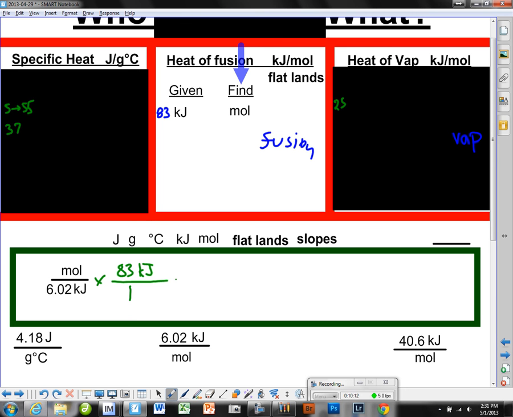What's our number? 13.9. Can we have 13.9? Yes. How many sig figs in 83? 2. So how many sig figs should this have? 2. So what's it going to round to? 14. Yeah, right on. So this will be 14, and what's the unit of measure after we take these away? That is moles. Okay, and that is our answer for that second example.